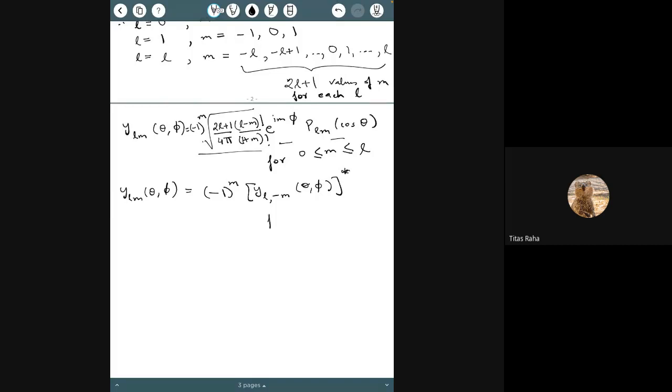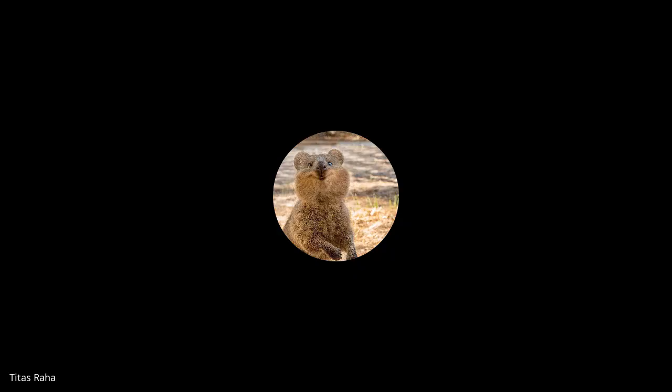So this is the final solution for the angular part. If you replace m by minus m in the first equation and then take a complex conjugate and then put another sign, you will get the solutions for m negative.